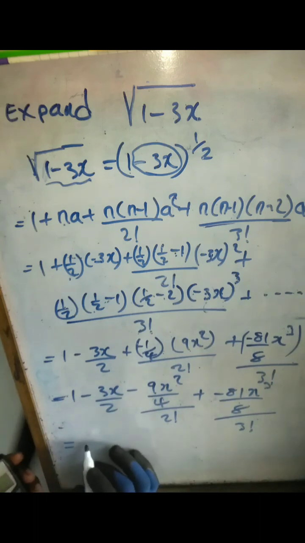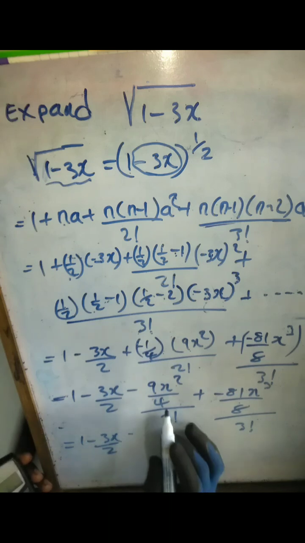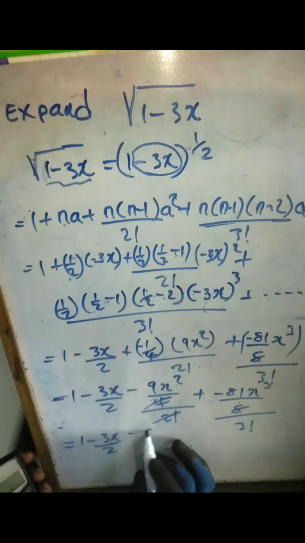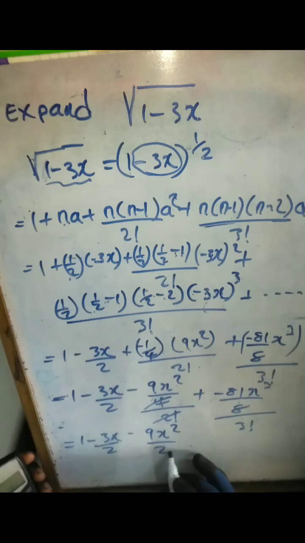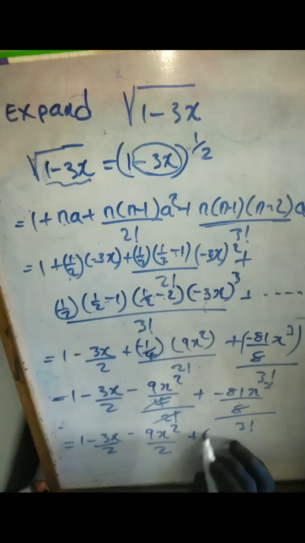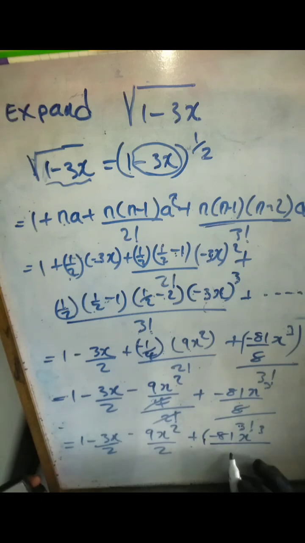So this can now be equal to 1 minus 3x over 2, minus this one, 2 can go into 4, which is 2. We're just going to have 9x squared over 2, plus then this other one is the same, negative 81x to the power 3, and you multiply this times that, or you can say divide this by what? 3 times 8 is 24, then plus dash dash.